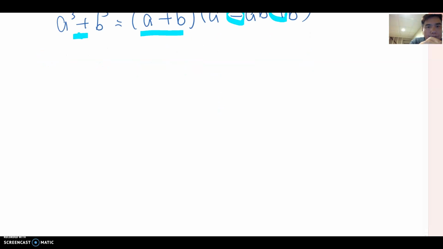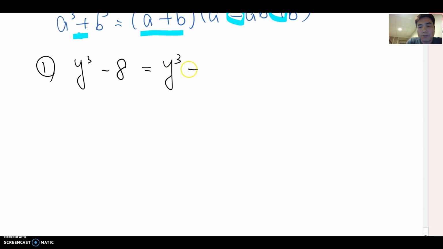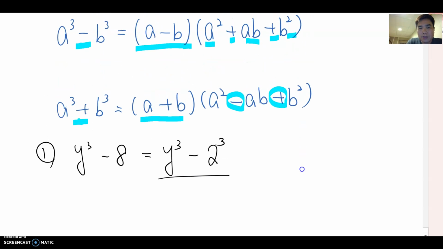Number 1, y cubed minus 8. Y cubed minus 8, we can rewrite as y cubed minus 2 cubed, because 8 is 2 times 2 times 2. Now, this one looks like the first form here.